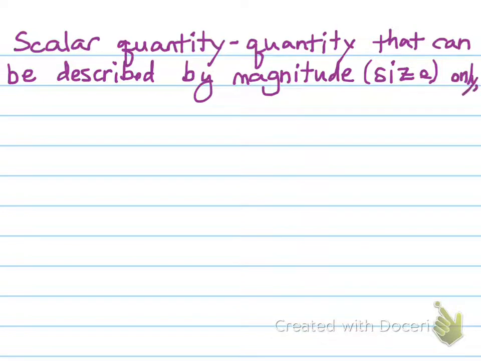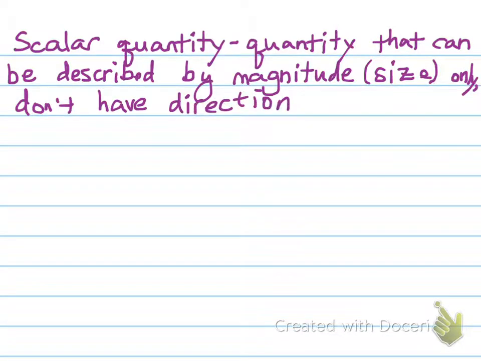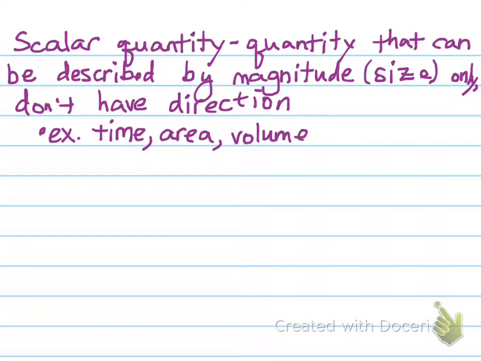So scalar quantities don't have direction. They can be described by just a size, a magnitude. Some examples of scalar quantities are time, area, and volume. Speed is also a scalar quantity.